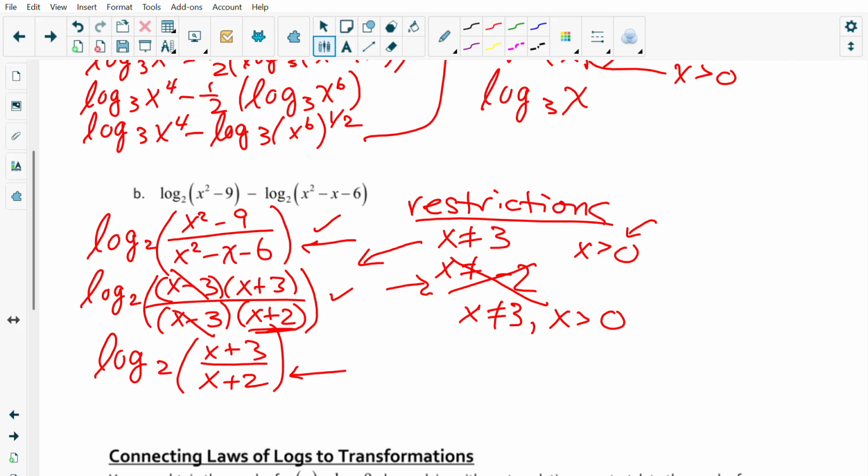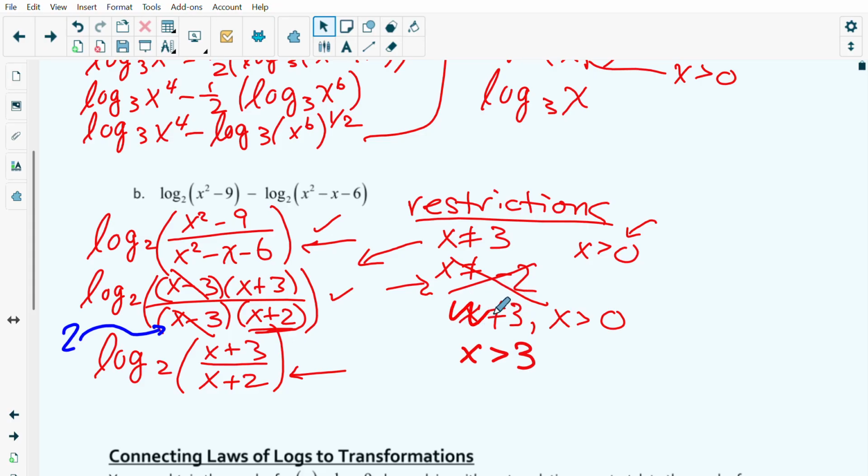But let's think about this. If x does not equal 3, but x is greater than 0, what if I pick 2? If I put 2 here, that's going to make the argument negative. So I also have to say x is greater than 3. If I say x is greater than 3, then I don't need to say the others, and this is your only restriction.